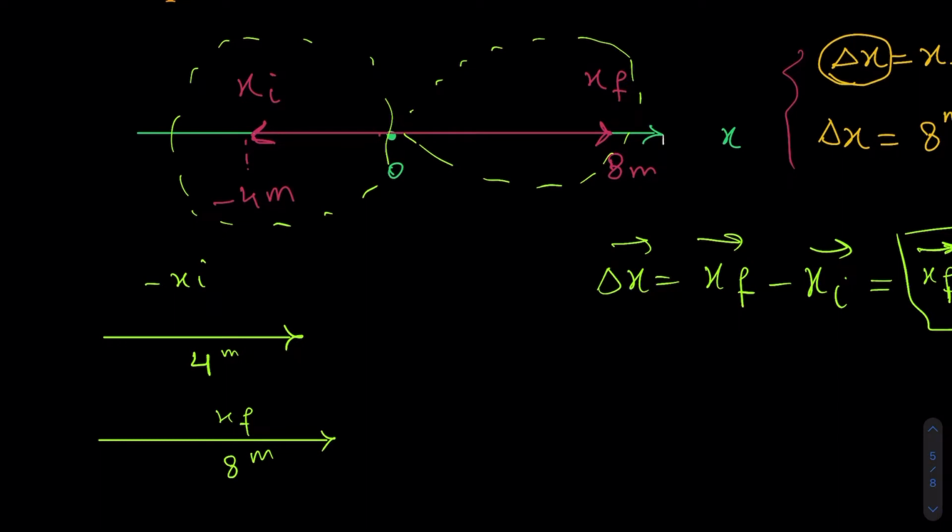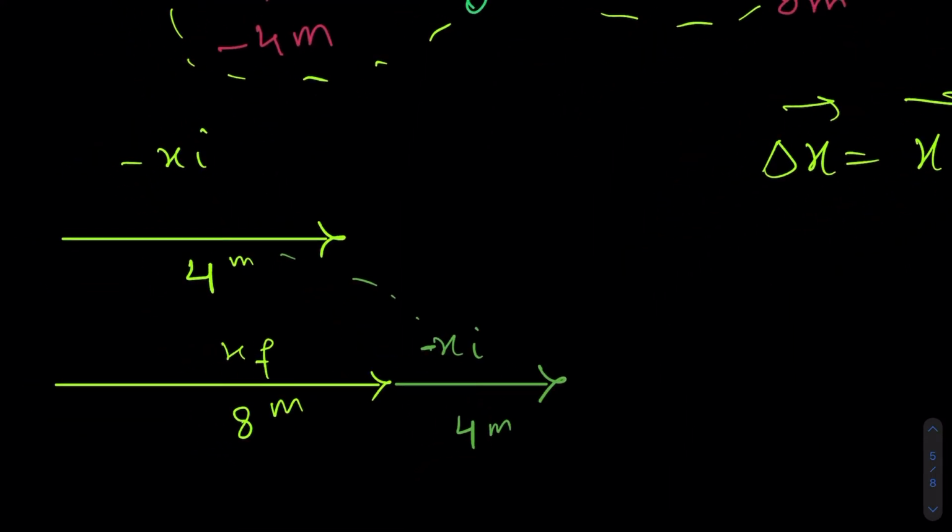Now I will follow the head to tail technique in adding up the vectors. I will place this negative initial position vector and connect its head to the tail of the final position vector. I take this one here, 4 meters, which is my negative initial vector.